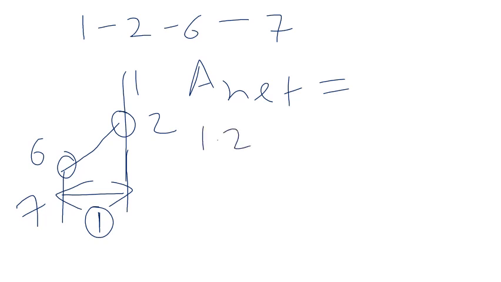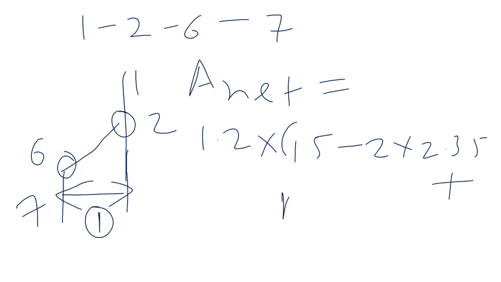So it will become 1.2 into 15 minus 2 into 2.35. This is the same, plus we have to add, there is one staggered rivet, and then s square, staggered pitch is 50 millimeter or 5 centimeter, square of that, and then 4 constant and g is the gauge distance.